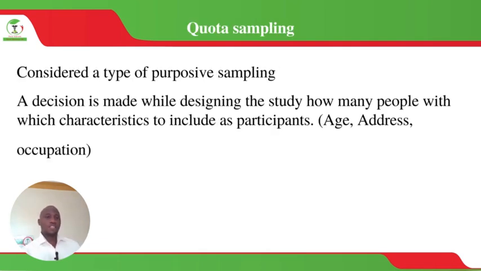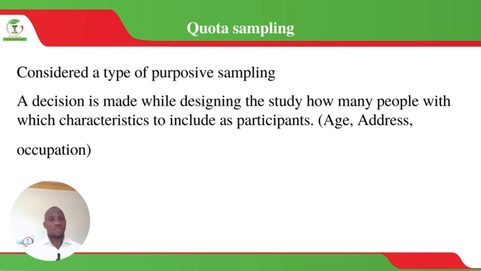Quota sampling is one which is concerned with making a decision on who is going to participate in the research because of maybe their age, their address, and their occupation. So, for example, if you're conducting research in the hospital, you may need to get the views of the doctors, the nurses, clinic officers, and the rest.